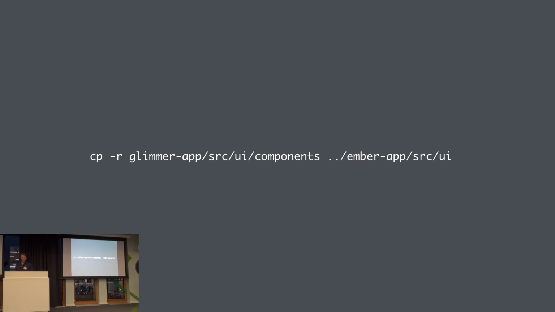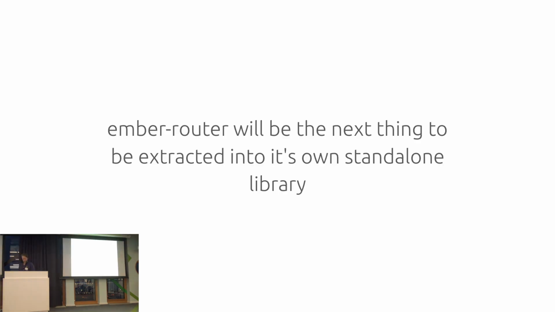The next step in terms of making progress on that timeline is extracting an Ember router package from Ember, because that would in many cases be the next thing that people who start out with Glimmer.js will need, like some sort of routing service with the loading state and error state support that we have in Ember and all those things.